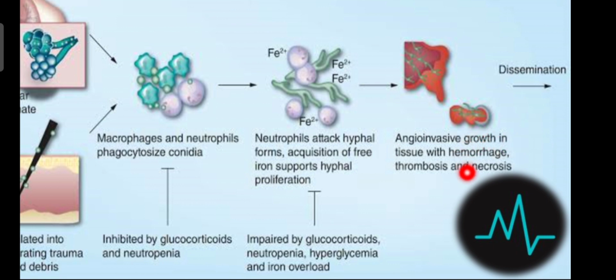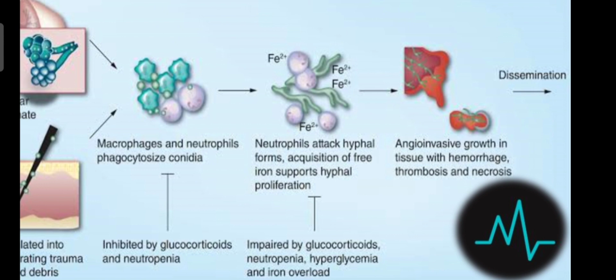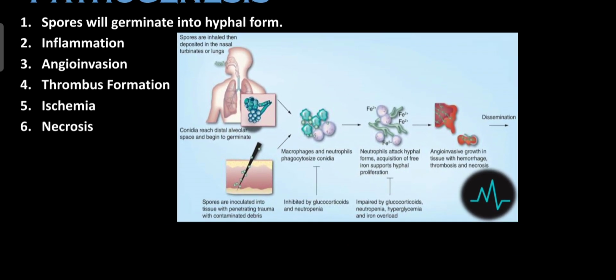That is the reason it is clinically manifested as black crust formation, due to the necrosis, and ultimately it will enter the circulation, causing dissemination, that is disseminated mucormycosis, which is the deadliest form of this disease.